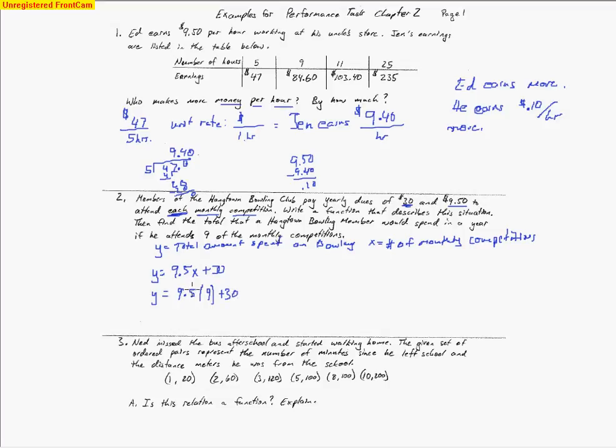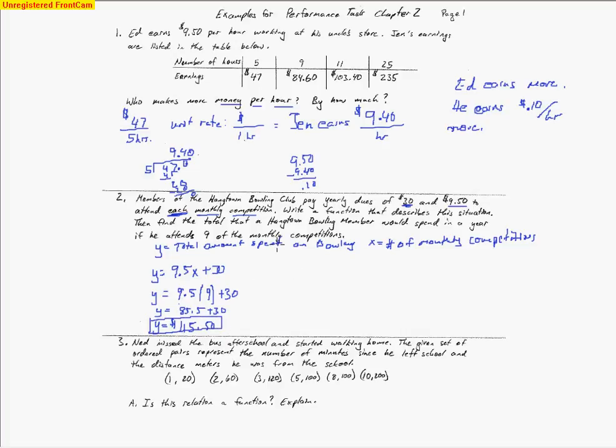So we multiply 9.50 times 9, and that gives us $85.50. Then I'm going to take that number and add on $30. That's going to give me my total amount. I'll add those two numbers. It makes $115.50. This is the amount that person will pay if they go to 9 meetings.